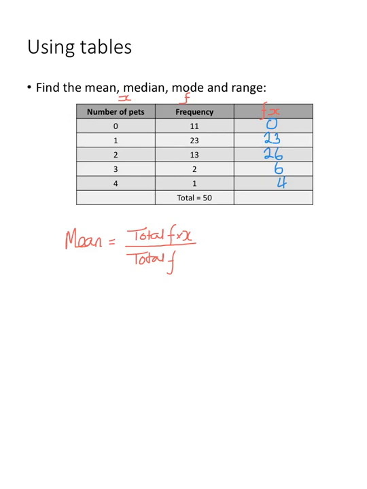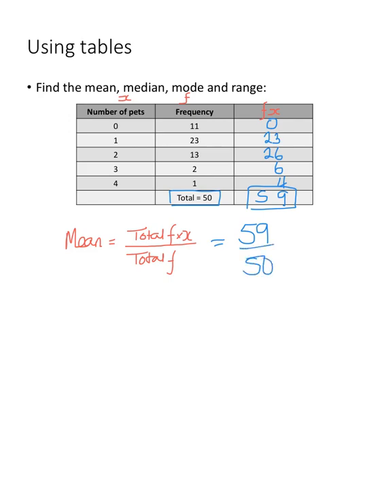And that total will give me 59. Now to work out the mean, we want the total of the F times X column, which will be 59, and we want to divide that by the total of the frequency column, which is 50.